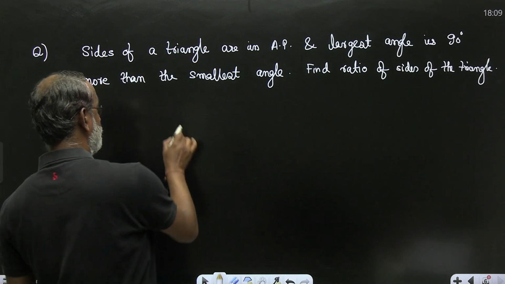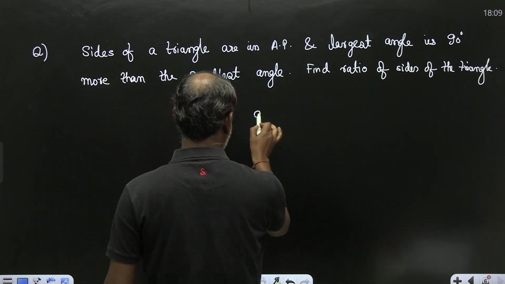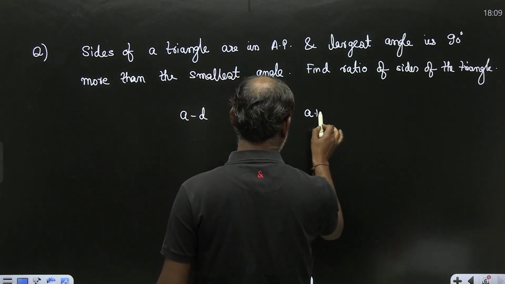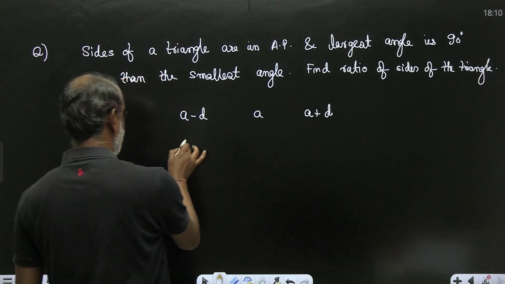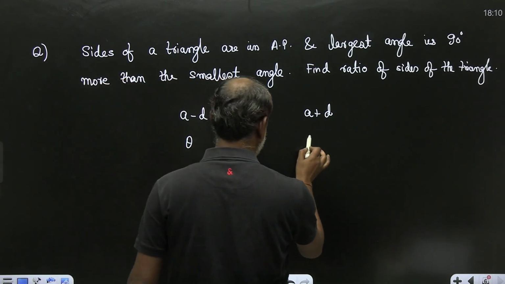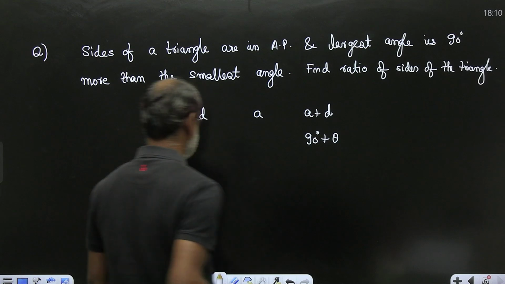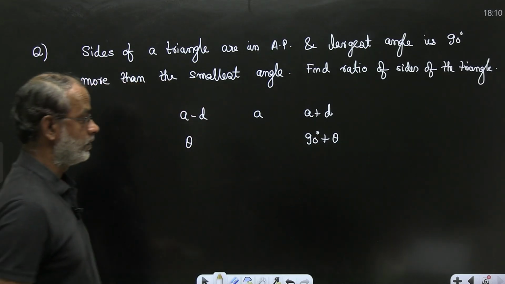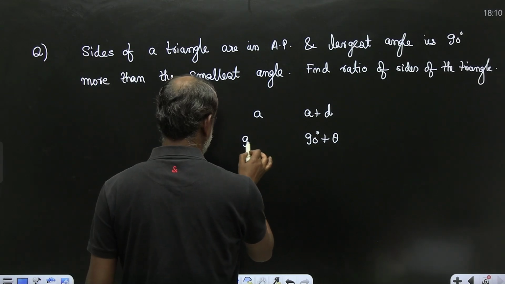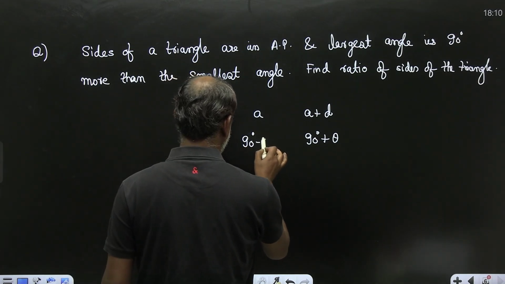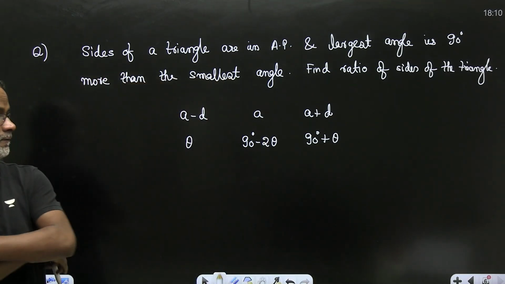Same thing. I hope you are able to understand. A minus D, A plus D, just as we did in our previous problem. If this is the angle theta, the smallest angle, the largest is 90 plus theta. So this is 180, 90 plus 2 theta, total sum is 180, so it is 90° minus 2 theta. Agreed?